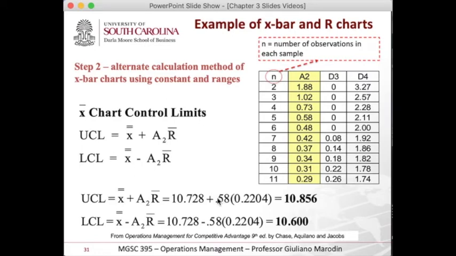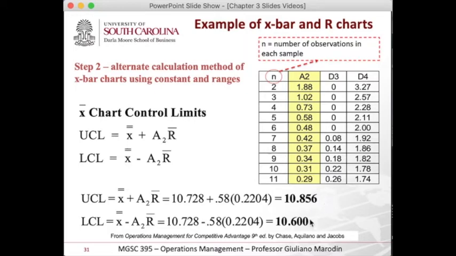So if I know A2, I know X double bar, I know R, ta-da! I can calculate upper and lower control limits. So it's going to be 10.728, which is X double bar, plus 0.58, which is A2, times the range, which is 0.22, and that is 10.856.